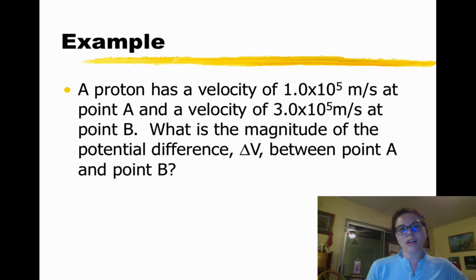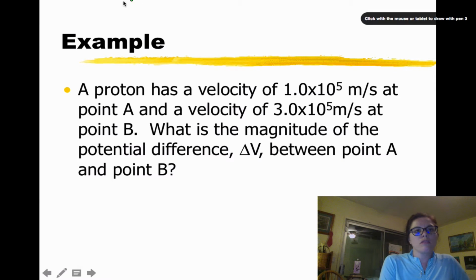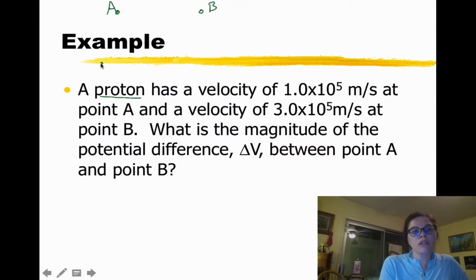Okay, welcome back. As always, let's draw out what's going on. We have point A and point B, and it's a proton. We know a couple things about the proton. The mass of the proton is 1.67 times 10 to the negative 27 kilograms, and the charge of a proton is the elementary charge, 1.6 times 10 to the negative 19 coulombs.